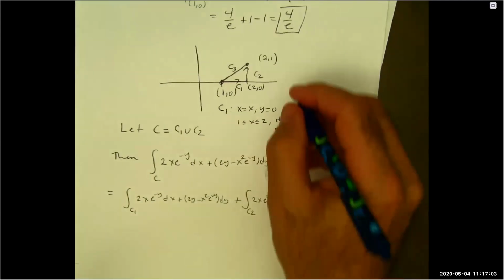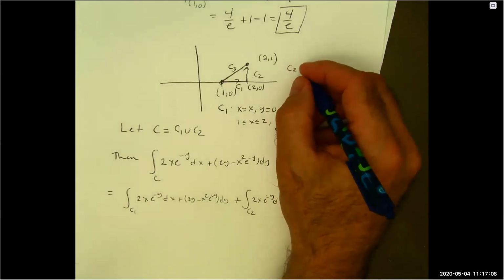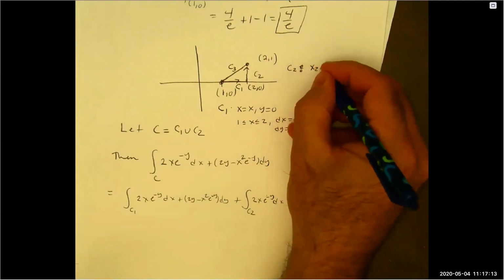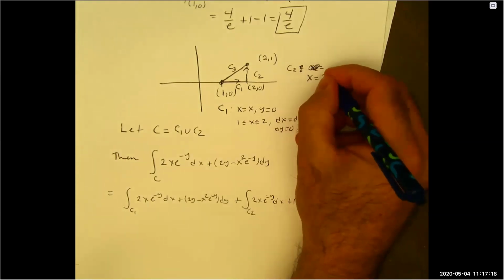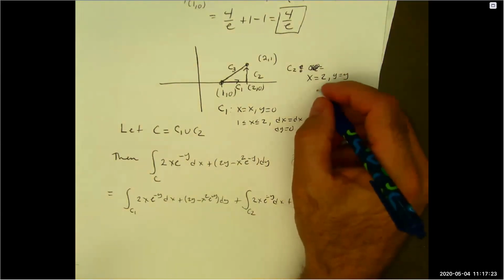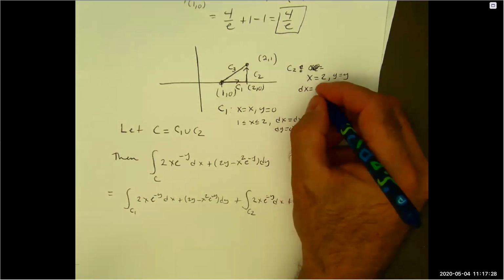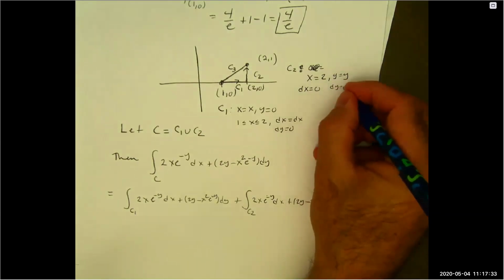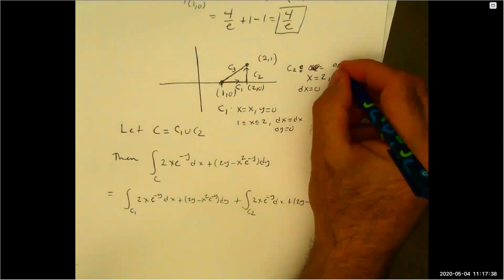And then for our C2, in this case, we're going to have x is equal to 2, and y is equal to y. And so because x is a constant, we're going to have dx is equal to 0 and dy is equal to dy. And in this case, y is going to go from 0 to 1.